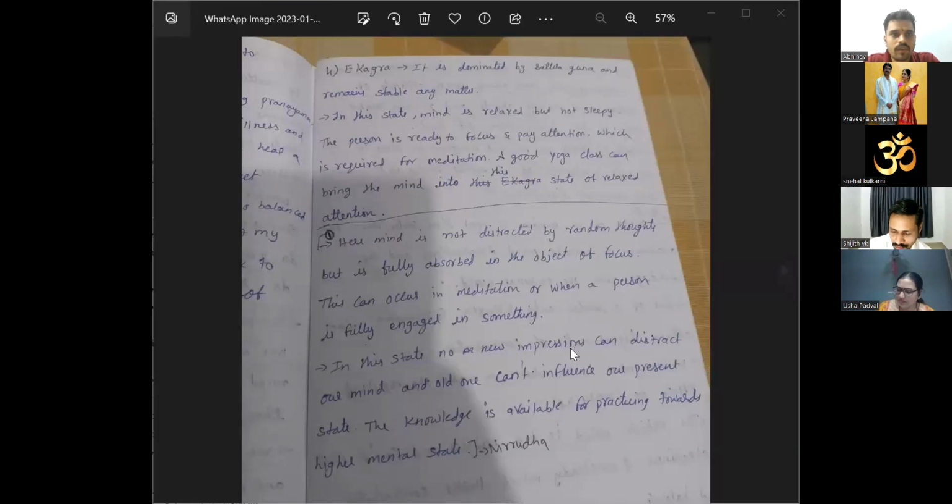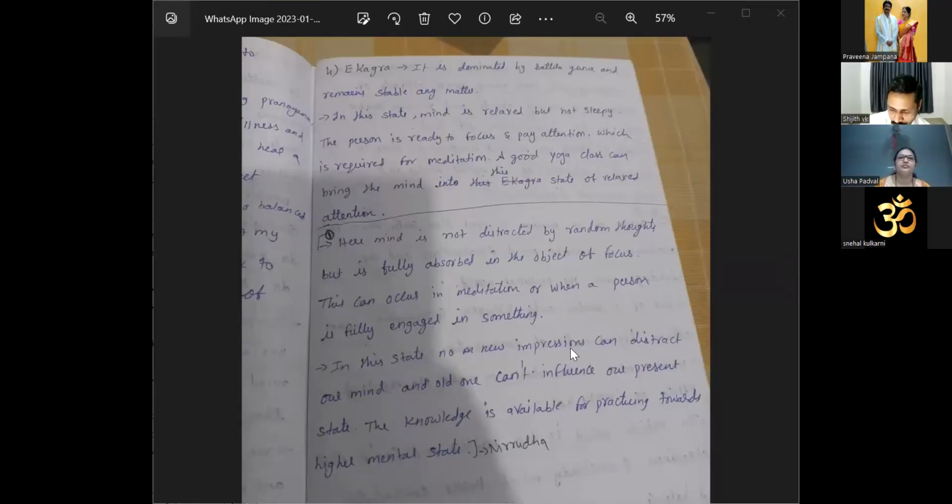The next one is ekagra mind or one pointed mind. Actually, we have to come into this state. So Kshipta, Mudha, Vikshipta, we have to cross all these states and come into this state. What is this? Ekagra, or one pointed.